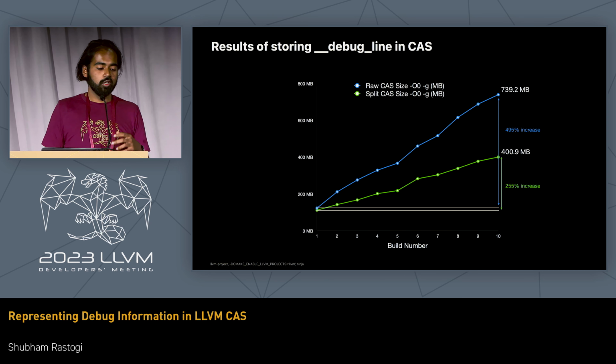So now that we have understood how we can store the debug line section efficiently in the CAS, let's look at the debug abbreviation and debug info sections next. We are talking about the debug abbreviation and info sections together because they have a very tight correlation. The debug abbreviation section contains the description of the metadata in the debug info section.